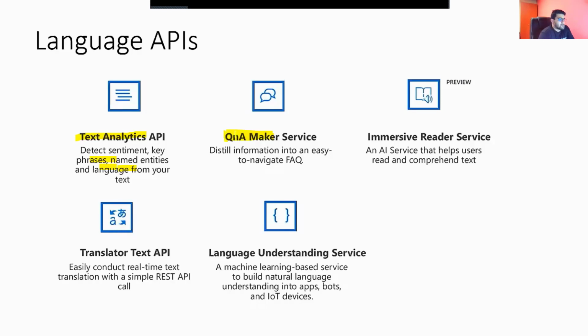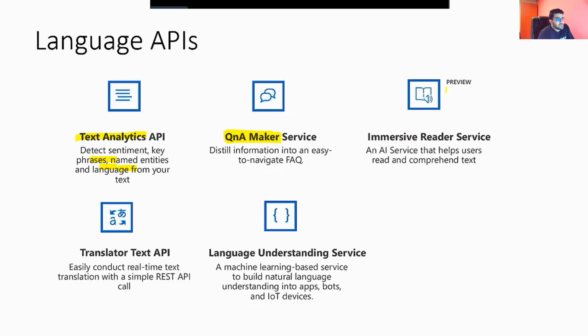In that scenario, we can use this service. It will use that document and create a virtual bot, so users can easily interact with it. That's a very good one.